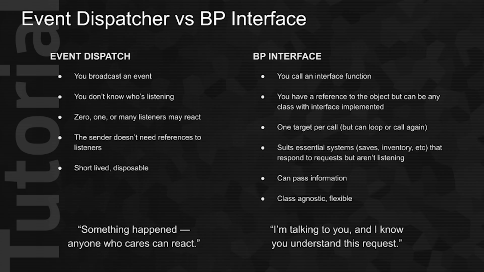But of course, you can just keep your nodes going and have a loop, or add other things that you're targeting. And this is really great for essential systems, like if you've got a save game infrastructure, an inventory, like a fast travel, or something that will need to respond to requests, but you don't want it listening the entire time because it's going to sit in memory.